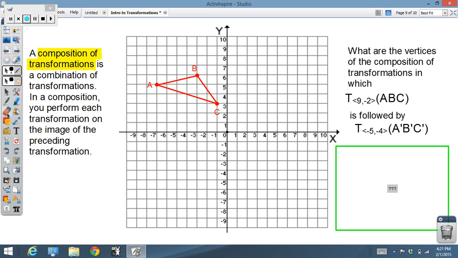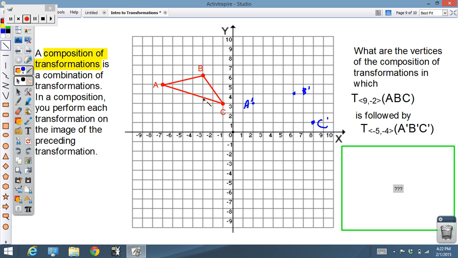Pause it, and basically here's where we're going with it. I'm going to go every point over 9 and down 2, B prime, A prime, over 9, down 2, and C prime over 9, down 2, and we have A prime, B prime, C prime.